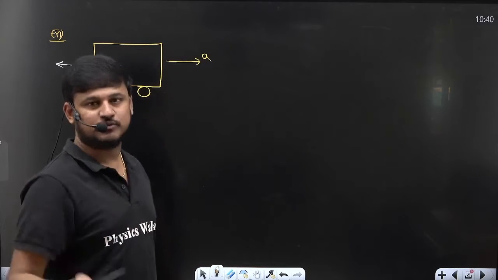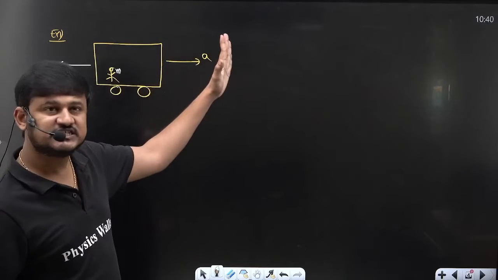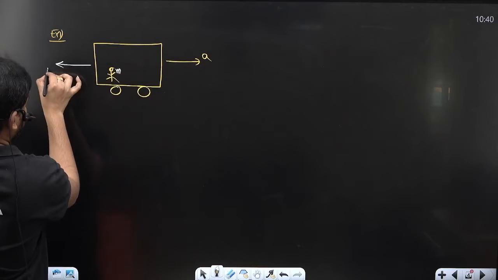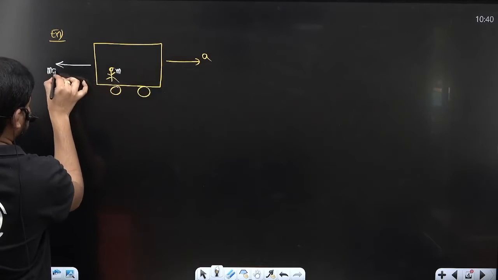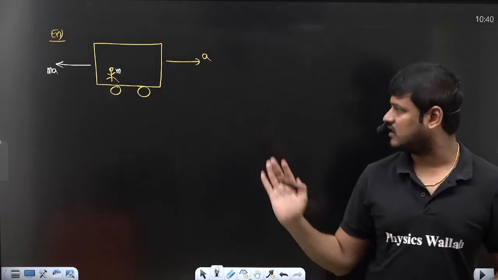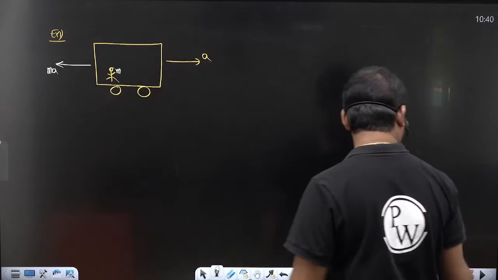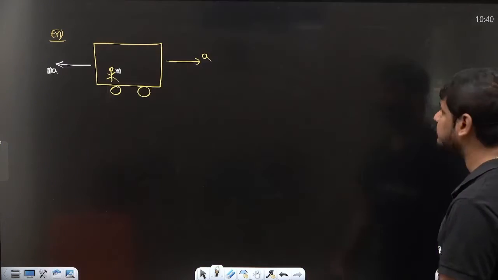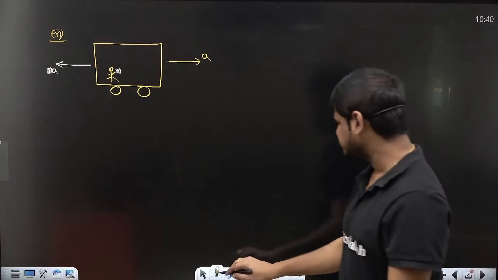The acceleration is this side, so opposite to the acceleration, the pseudo force will act. The pseudo force is mass of the person into the acceleration, that is ma, and it acts in the opposite direction to the acceleration in this particular case.